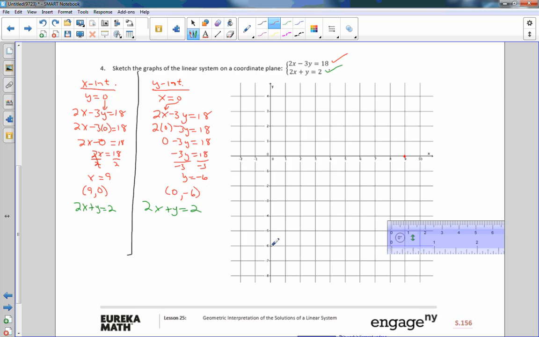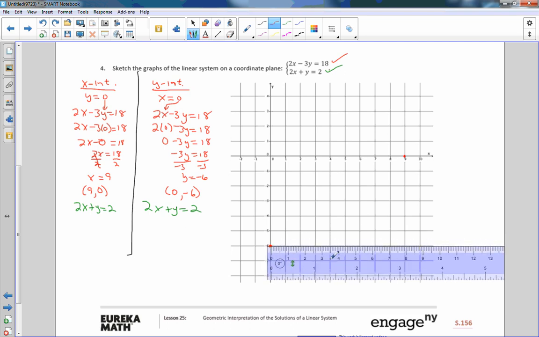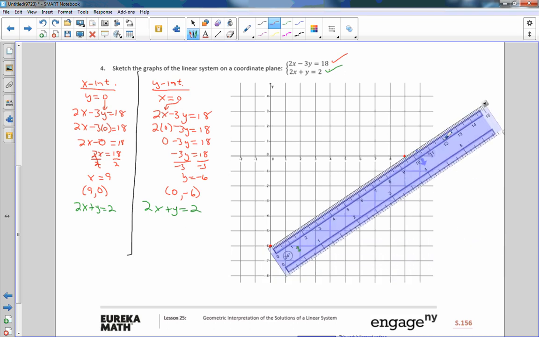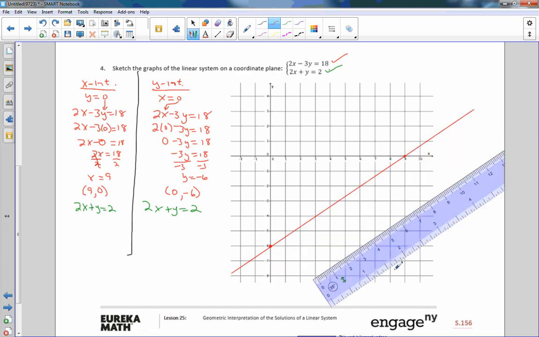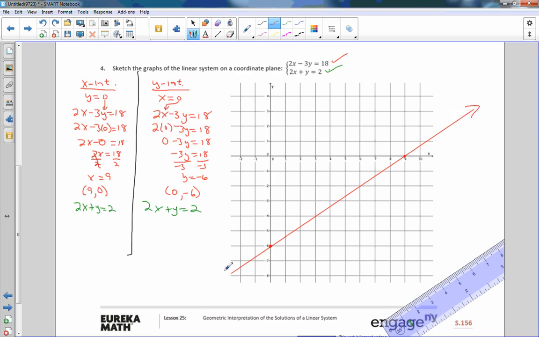So that is 0, comma negative 6, which is right here. Grab my ruler, bring it over, and draw my line. Okay, so there's my equation. Label it, 2x minus 3y equals 18.